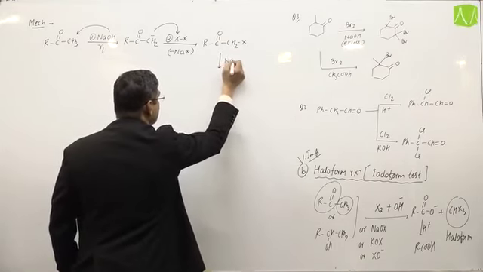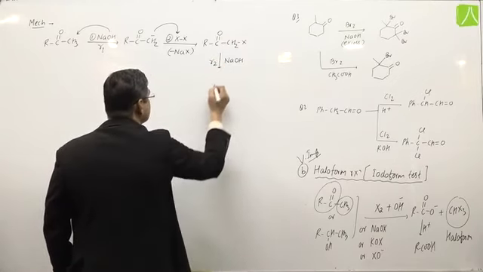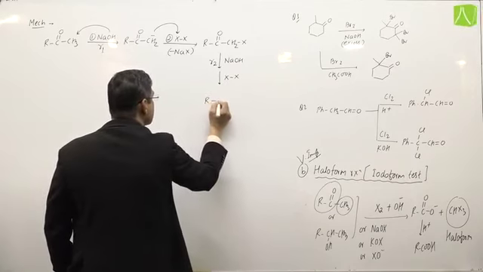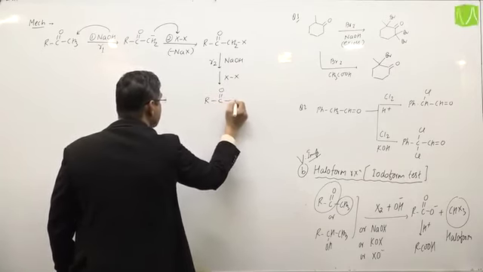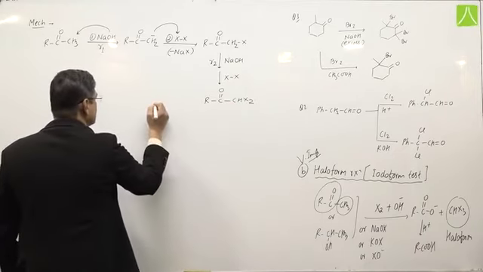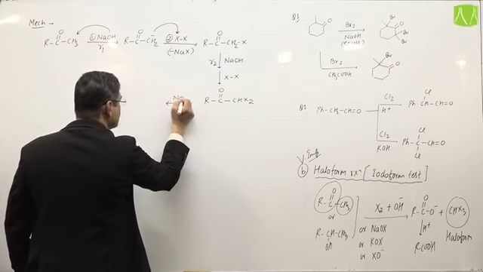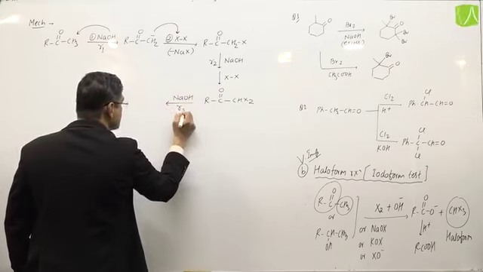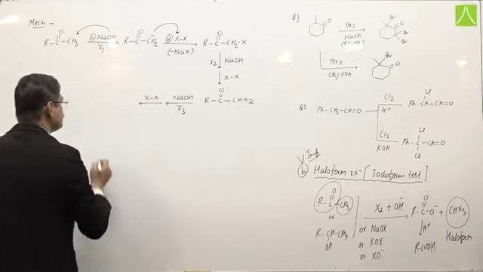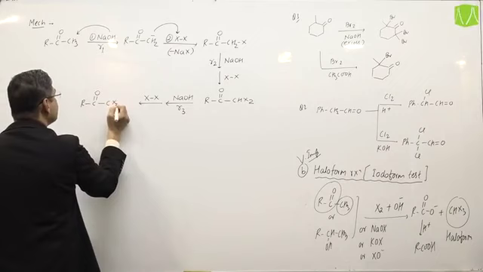Suppose I again take NaOH, that is R2, and again X2. So the second halogenation takes place. R2 is faster than R1. Now next, again NaOH, suppose this is R3, next X2. So the tri-halo product is formed.